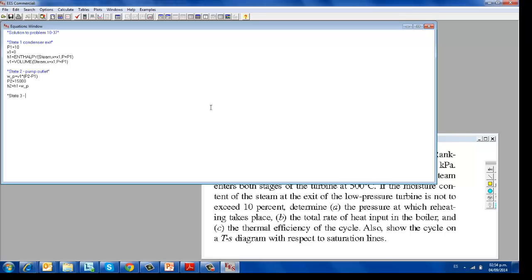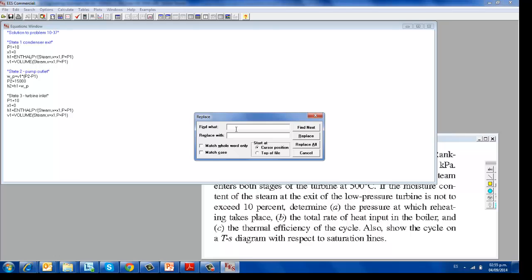This is the boiler outlet or turbine inlet. A way of doing this a little bit faster could be copying, Ctrl C, Ctrl V, then start here. I will press F11 and say change 1 and replace with 3, replace all from the cursor position to the end.